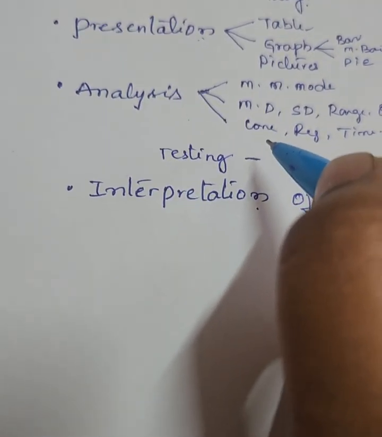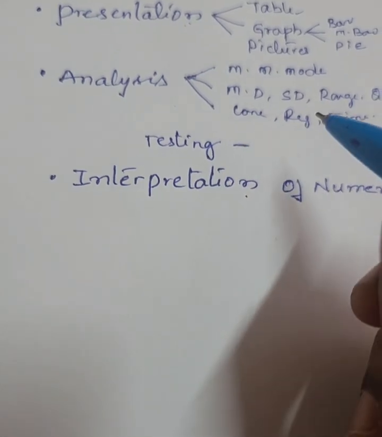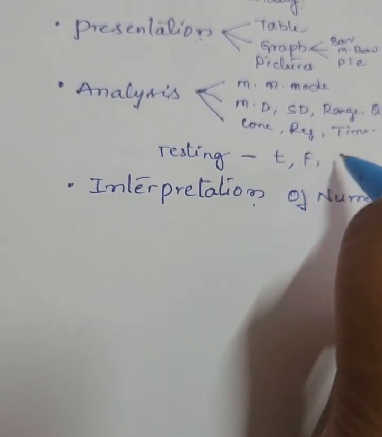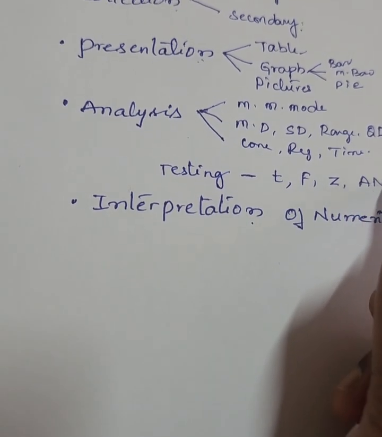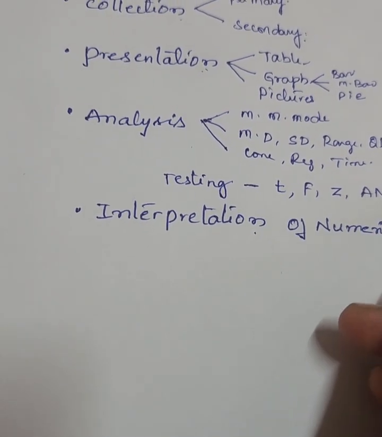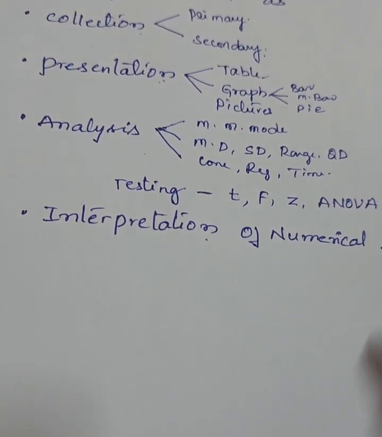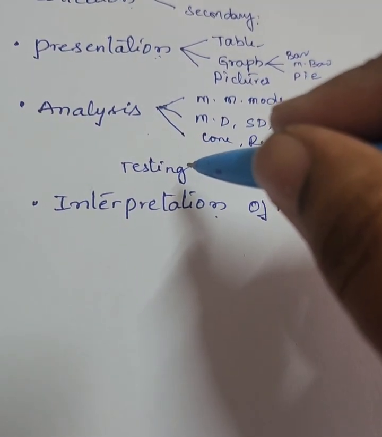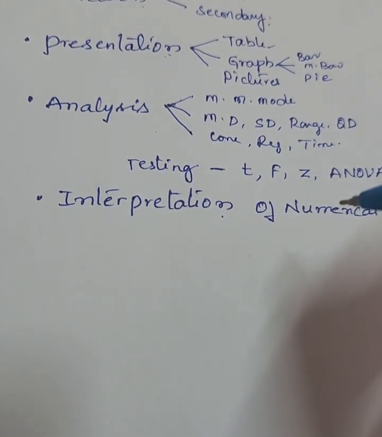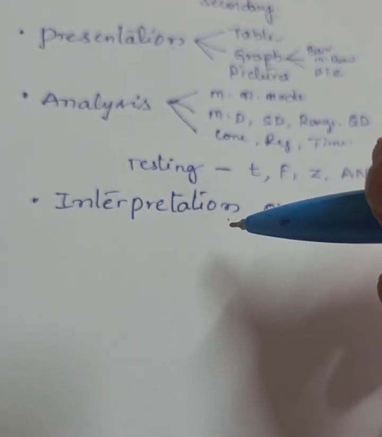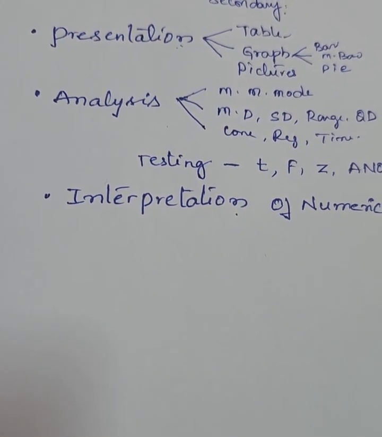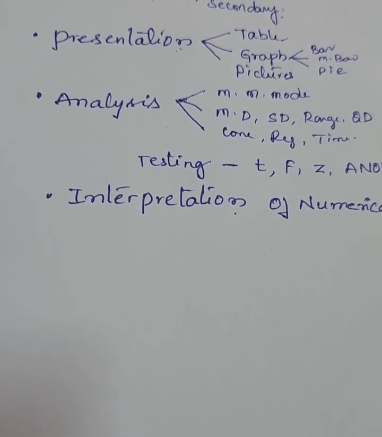To test the results, there are many tests. One of them is t-test, f-test, z-test, ANOVA test, and so on. So these are the steps for data testing. After testing the data, we have to interpret the results. So interpret the results in statistical terms.